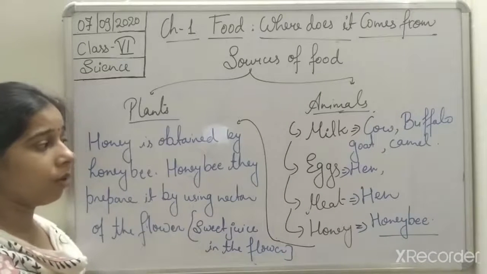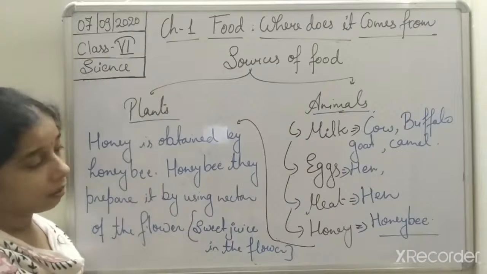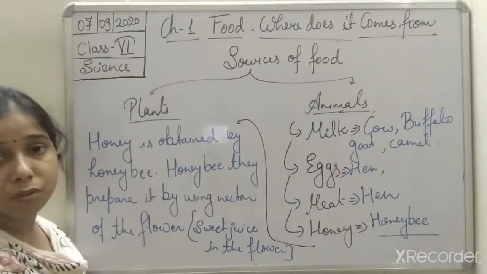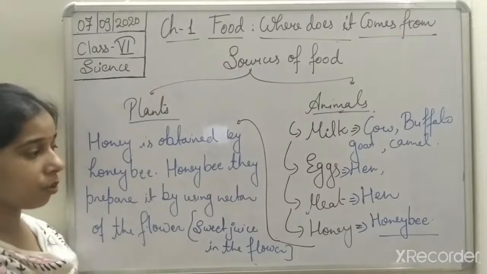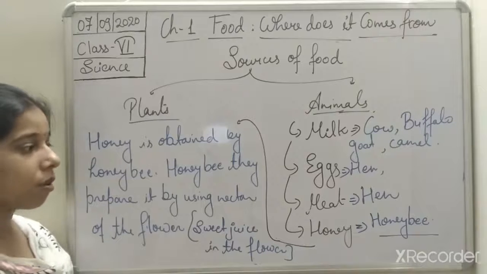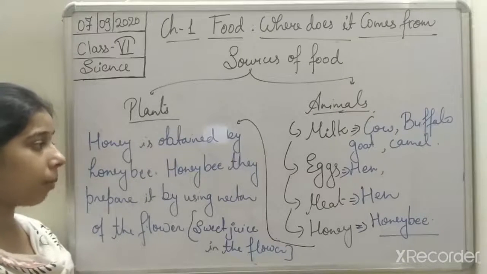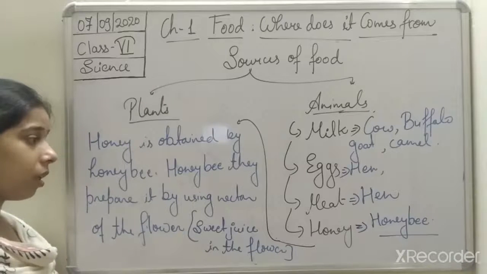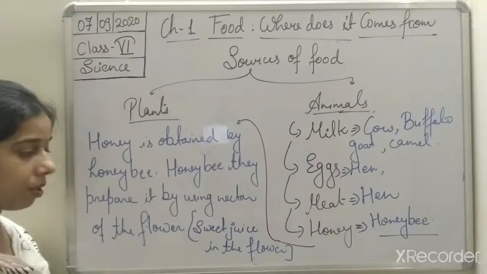Egg also consists of protein, like meat, which is also protein rich. Even fish is also, and honeybee, honey is a liquid which we obtain from the honeybee. They prepare it by using the nectar, that is the sweet juice.